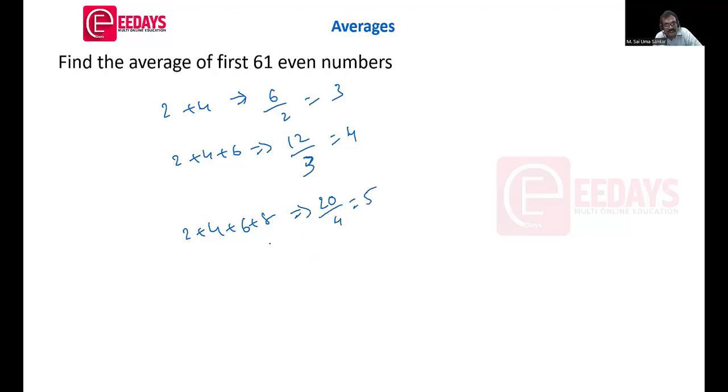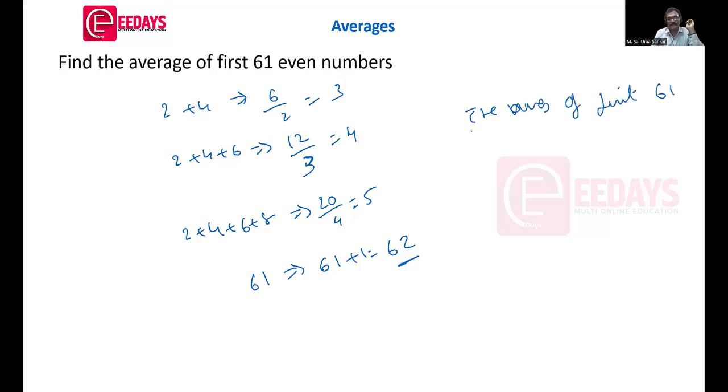If you observe like this, 2 numbers, 3; 3 numbers, 4; 4 numbers, 5. That means for 61 numbers, 61 plus 1, that is equal to 62 is the answer. That means the average of the first 61 even numbers, or n numbers, is n plus 1.